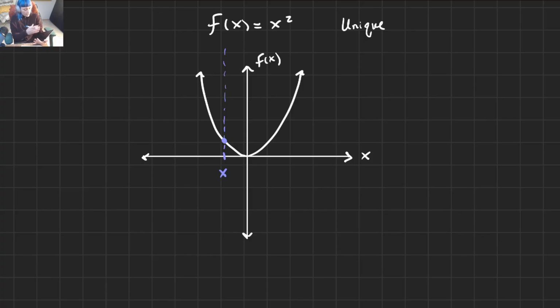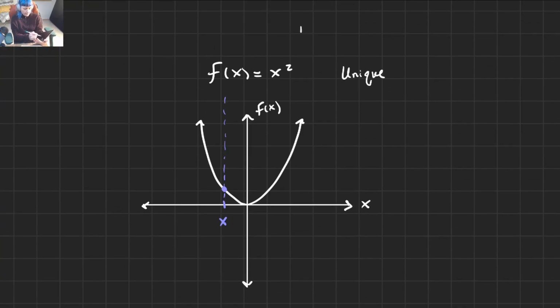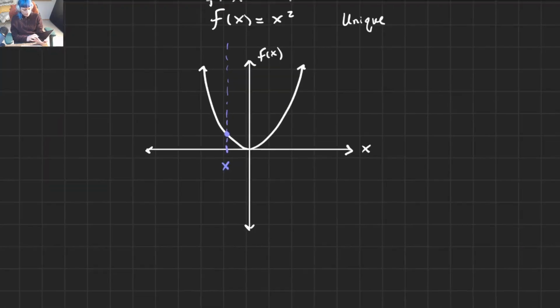So we can see clearly from this graph that that is the case. And one thing I should have done before is just to specify that we're talking about right now a function which maps from the reals to the reals, and from x to y, the domain to the range.